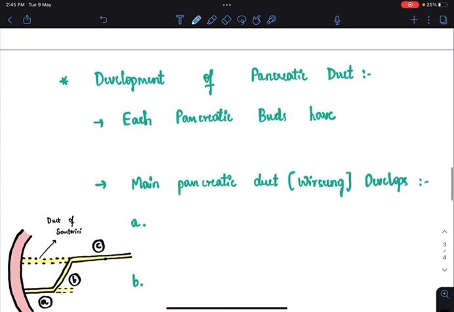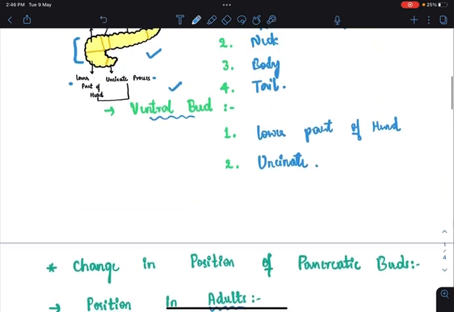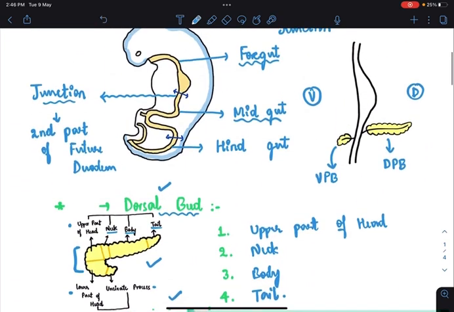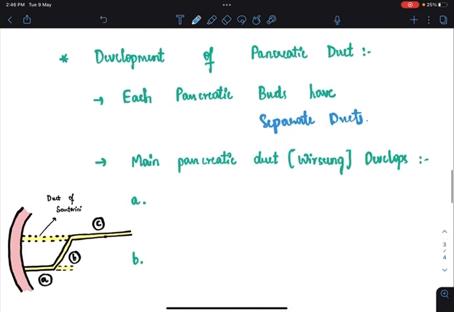Now we know that each pancreatic bud has a separate pancreatic duct. As you can see here, this is the duct of the ventral pancreatic bud, this is the duct of the dorsal pancreatic bud. So they have separate ducts.